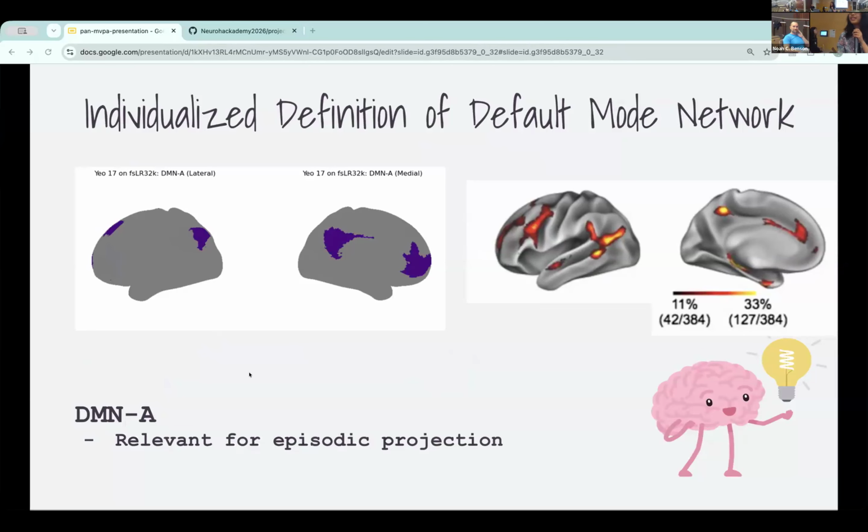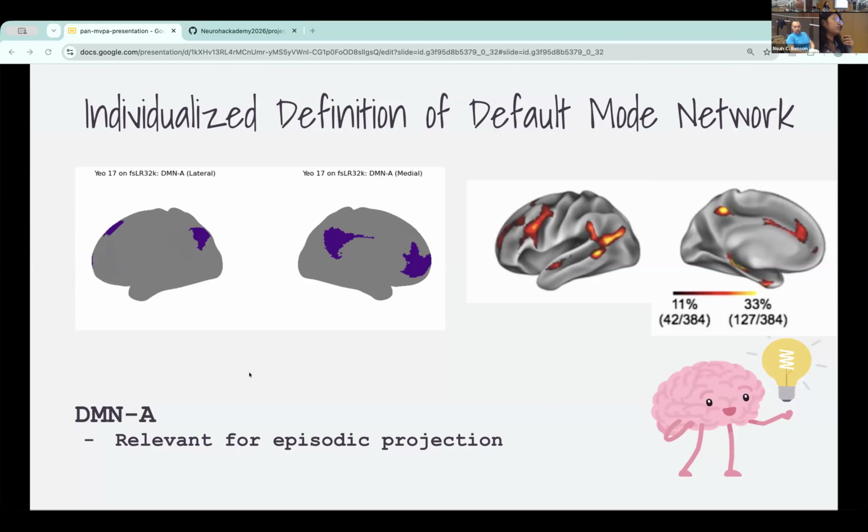We as a group are interested in the default mode network, which is very relevant for episodic projection and memory. One interesting thing about the default mode network is that the functional structure of it varies across people. On the left panel, the purple regions are a canonical definition of DMN A. On the right-hand side is a dataset called HCP.